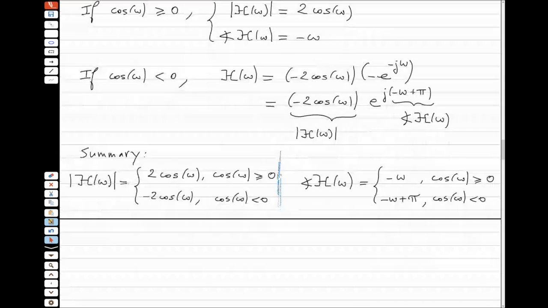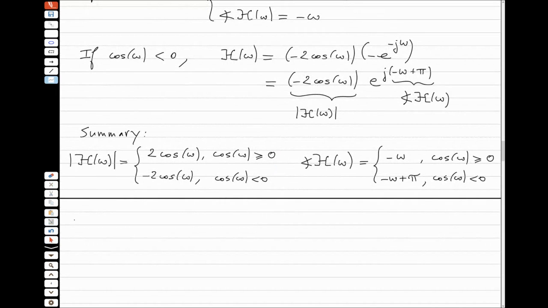But, remark, look at this. You take this magnitude of h of omega equals this when cosine is positive, and minus this when the cosine is negative.